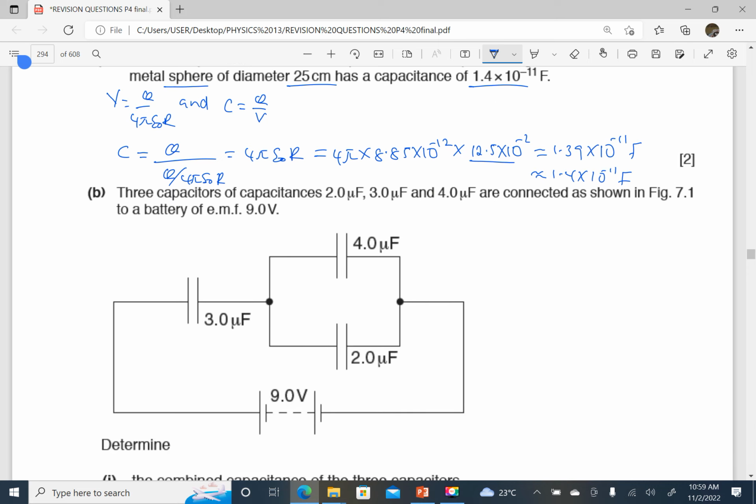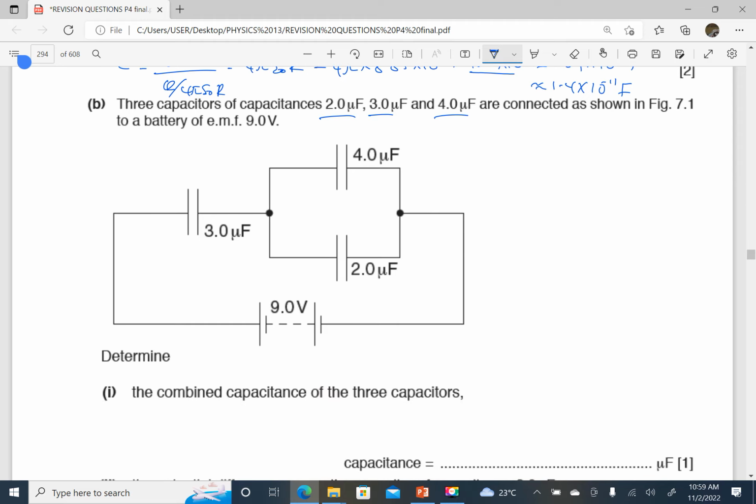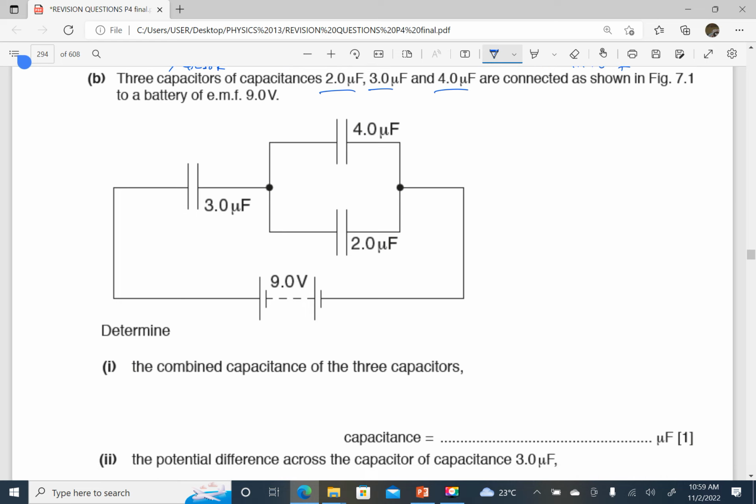Three capacitors of capacitance 2.0 microfarads, 3 and 4 are connected as shown here. Determine the combined capacitance of the three capacitors. So this one and this one are in parallel, we just add them to get 6 microfarads.